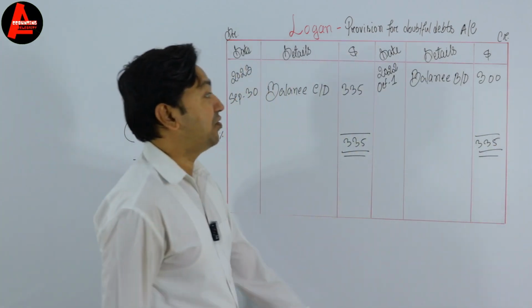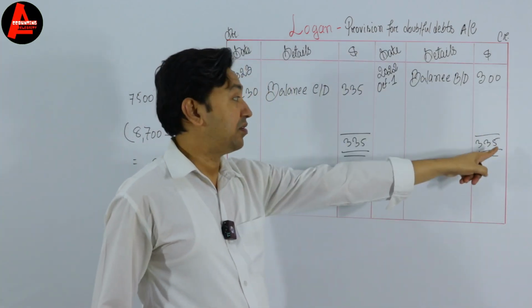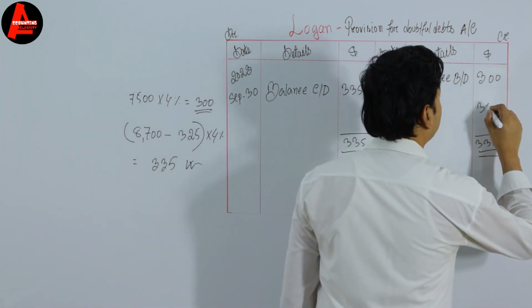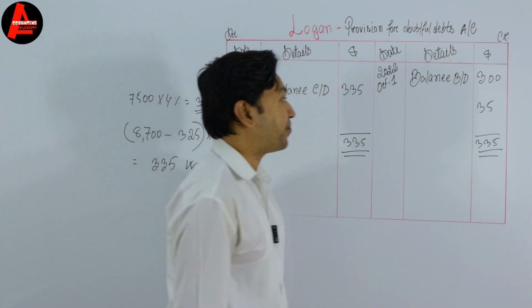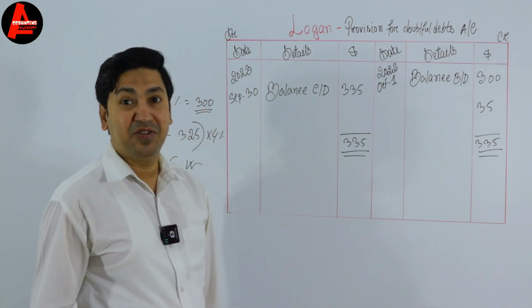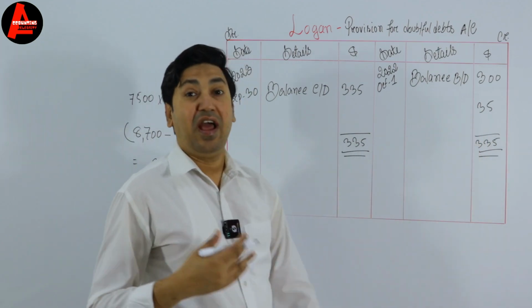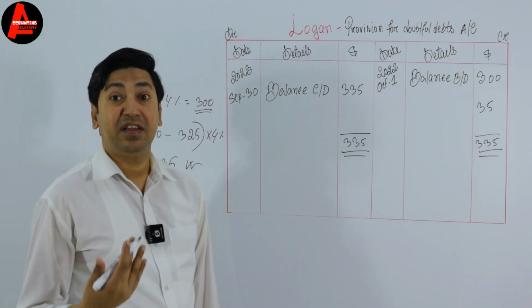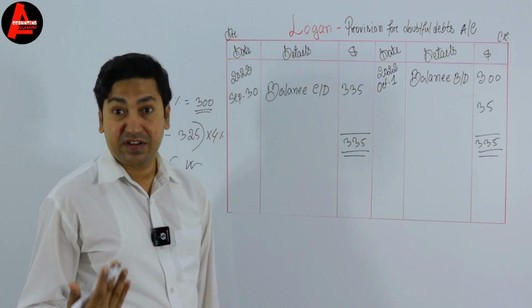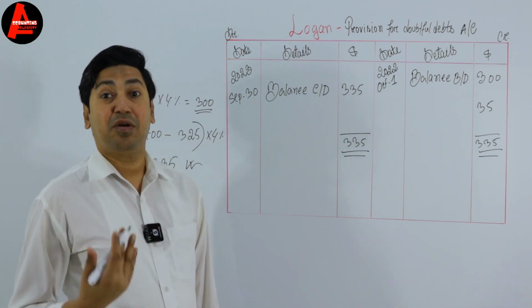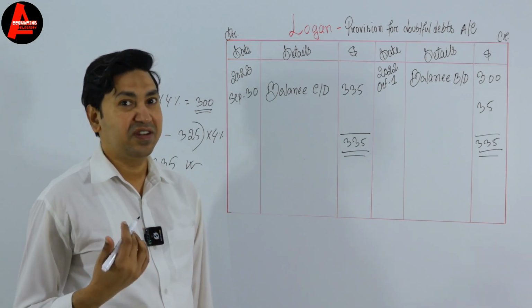Now if we subtract $300 from this amount, we get 35. What is this amount? This is the amount for the income statement. This amount will be shown as an expense in the expense section of the income statement.